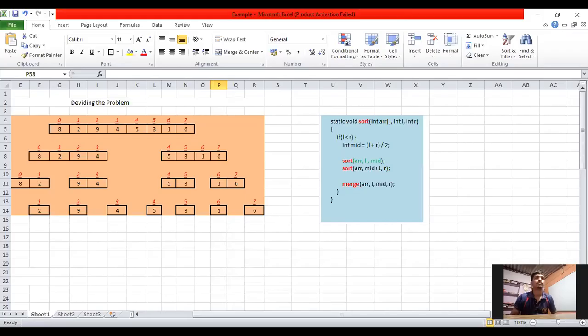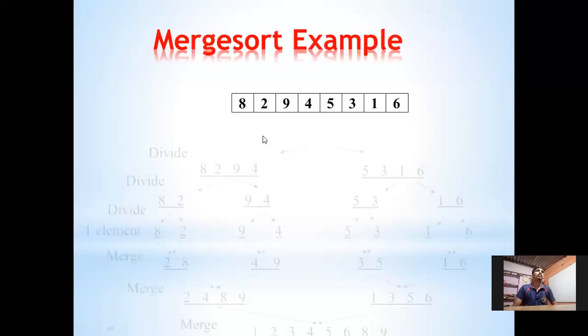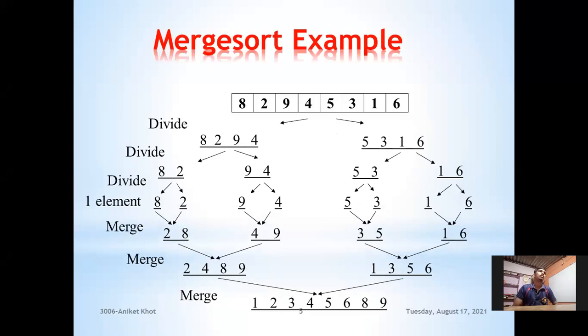Like this, we solved the example using the divide and conquer strategy. We divide until we get single elements. After getting single elements, we merge them with another.